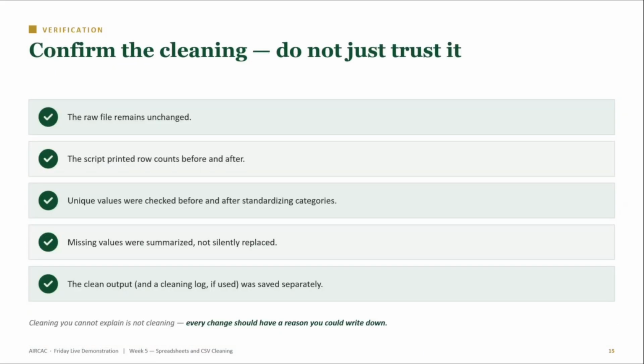So we need to confirm one thing here. The cleaning is not blindly trusted, so we need to read after it. So the raw file remains unchanged. Is it true or not?